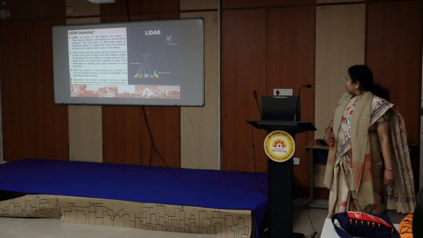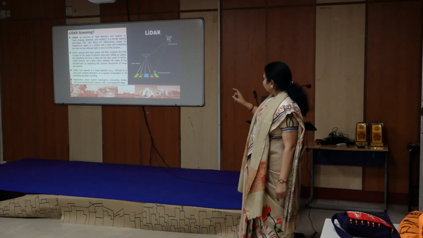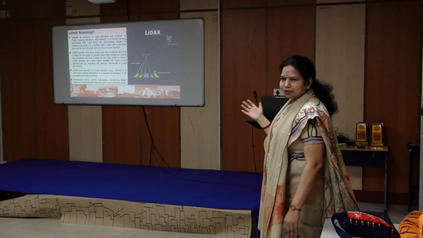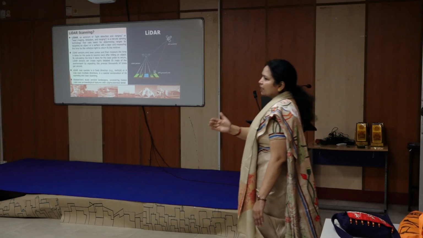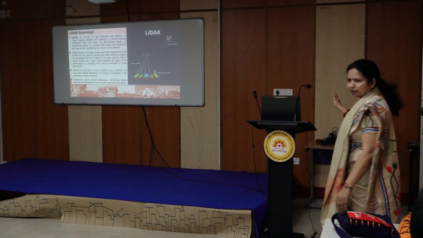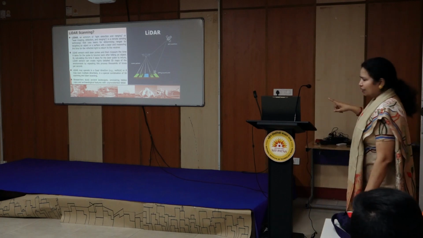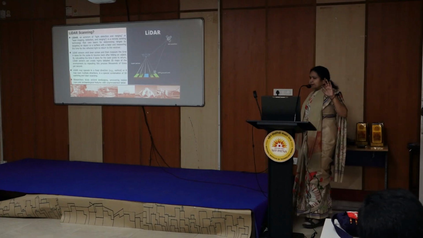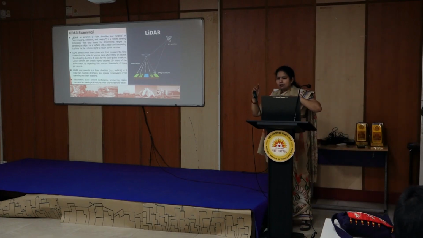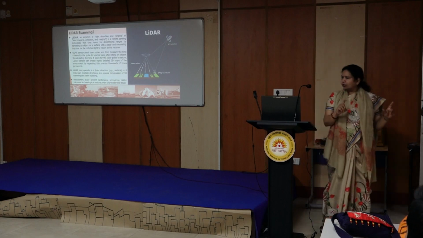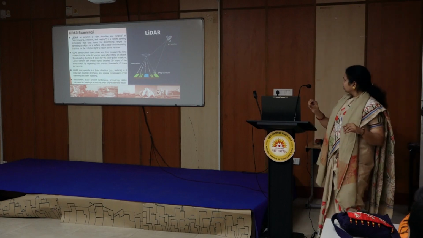Now, LiDAR scanning can be done in three ways. I think Varadraj will explain it better because he has first-hand experience which we don't have. This is just theoretical information that we are providing. There are three levels at which LiDAR scanning can be done. One is at ground level, the ground unit.